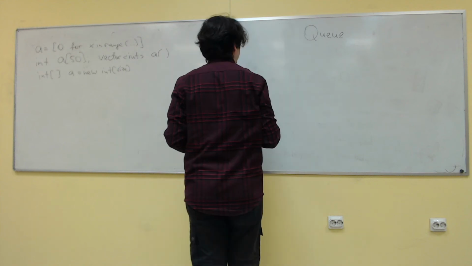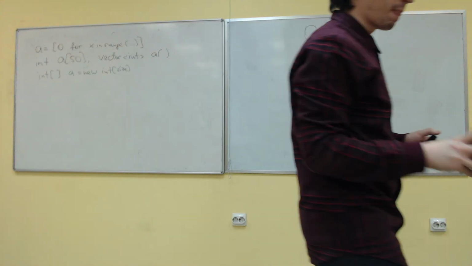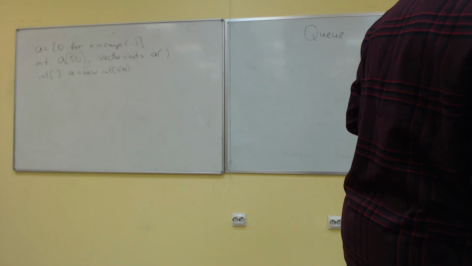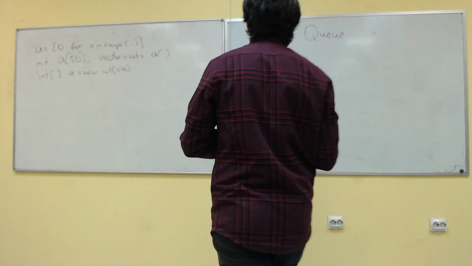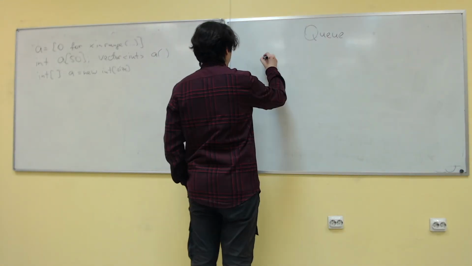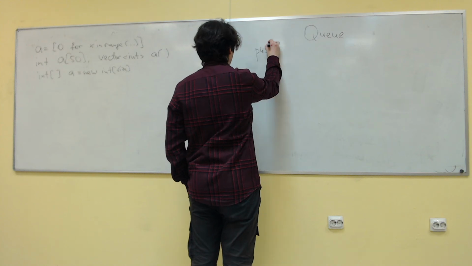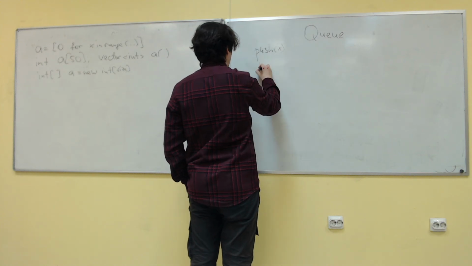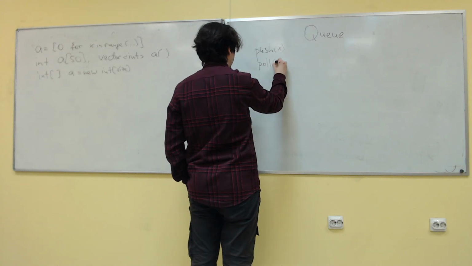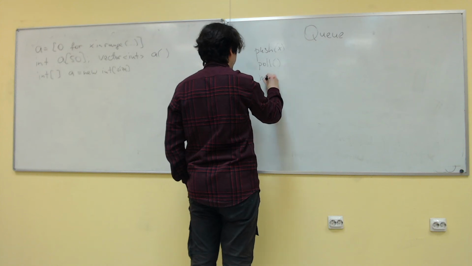So there will be right now an interesting data structure. You have push x, poll, and then you have to answer minimum.